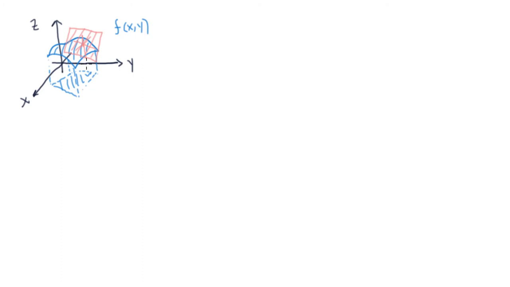If you can't visualize this, take a basketball and a piece of cardboard and have the cardboard just touch the basketball at one point. The basketball is the surface, and the piece of cardboard is the tangent plane.